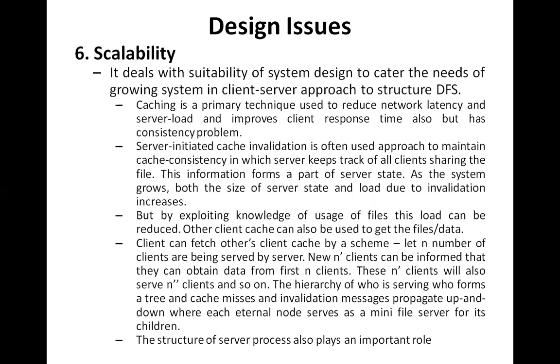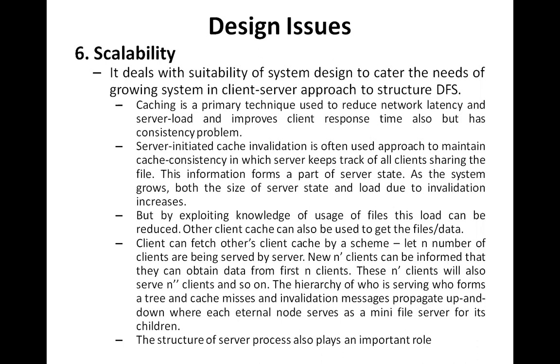If we are using the client server structure, the caching of the individual file is going to improve the response time as far as the client is concerned. But with caching, we have a problem, that is the cache consistency problem, because there are many clients who will be caching the file and updating the file.